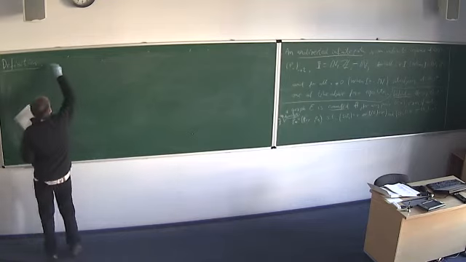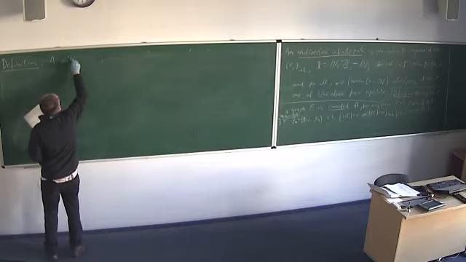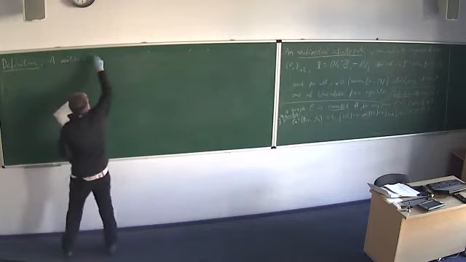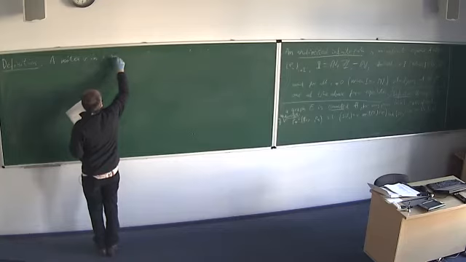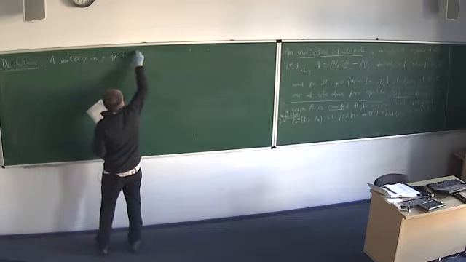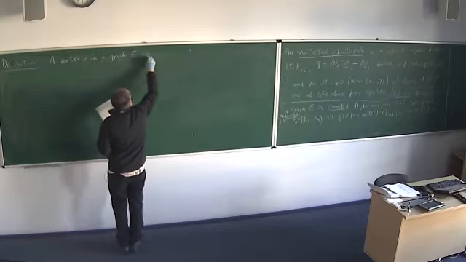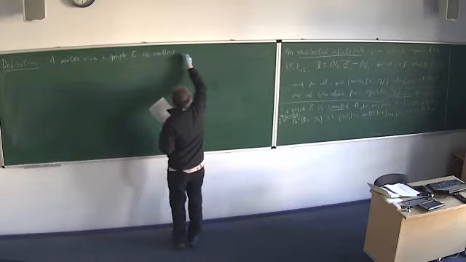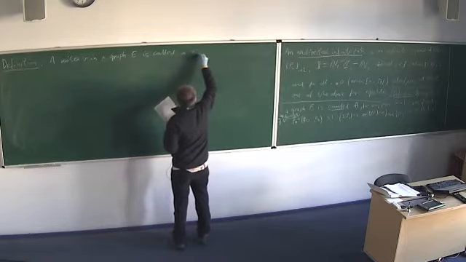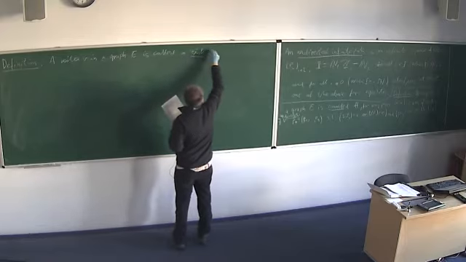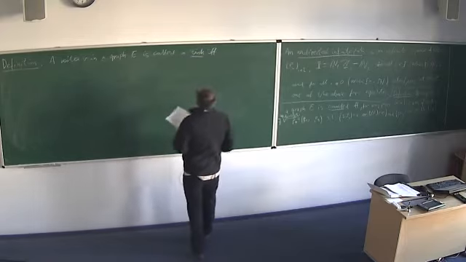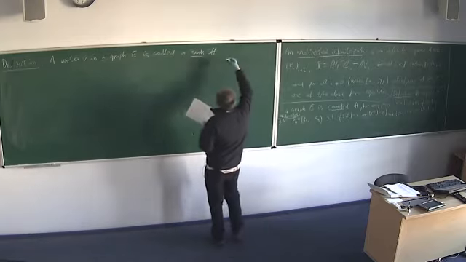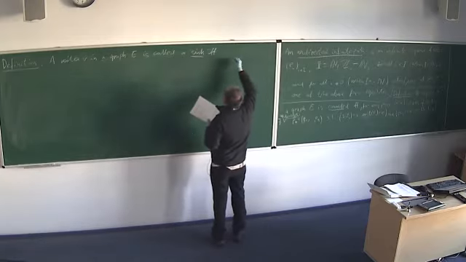A vertex V in a graph E is called a sink whenever it does not emit any edges.